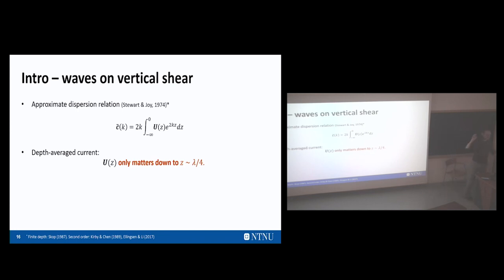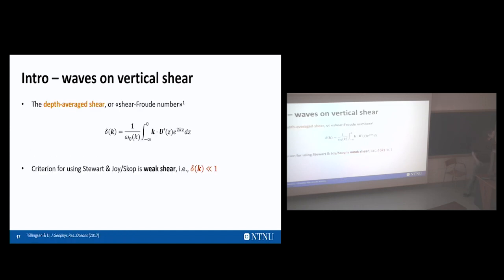So it's what happens near the surface, but then of course waves can be pretty long. So different wavelengths see very different currents. That is something to bear in mind. But there's no such thing as strong shear in itself. It's strong shear as seen by a wave of a certain wavelength.